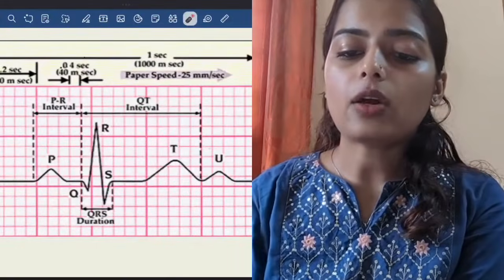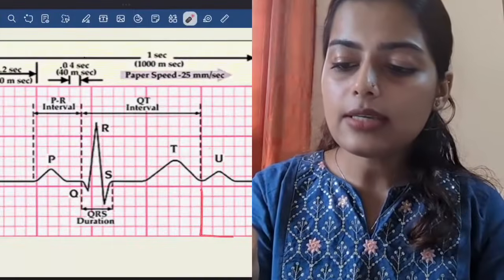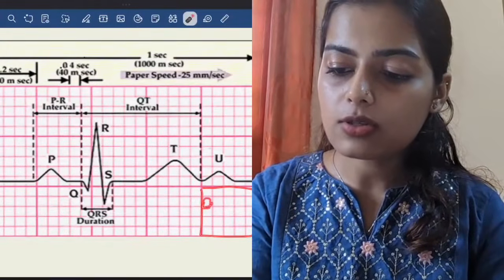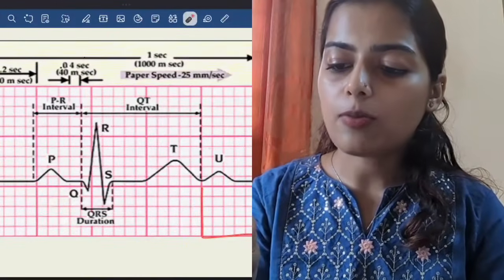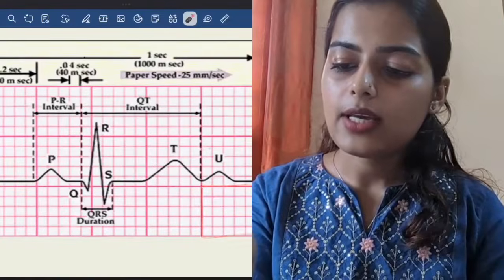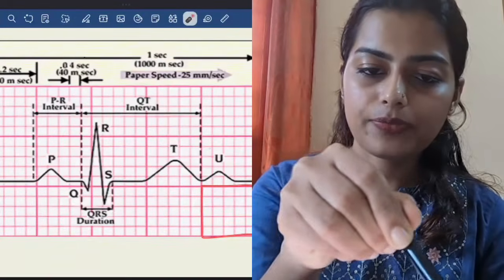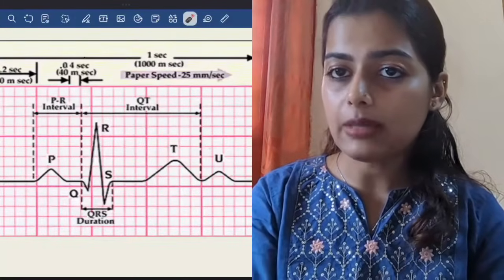Next, we'll talk about these boxes that we are seeing in this ECG graph. You can see large boxes and smaller boxes inside these large boxes. Each large box is of the dimensions of 5 into 5 millimeter.